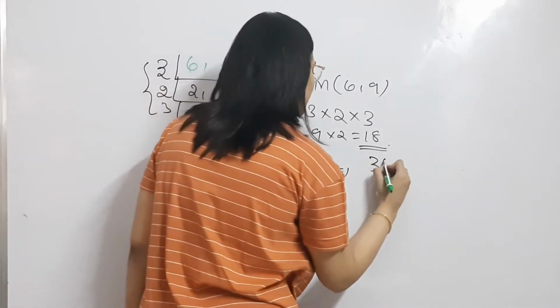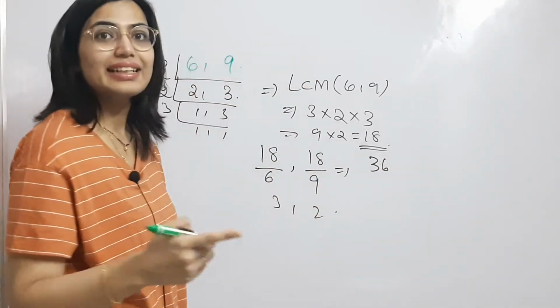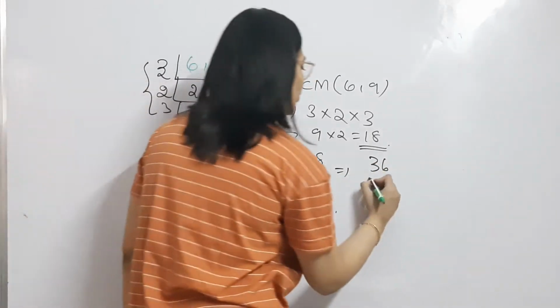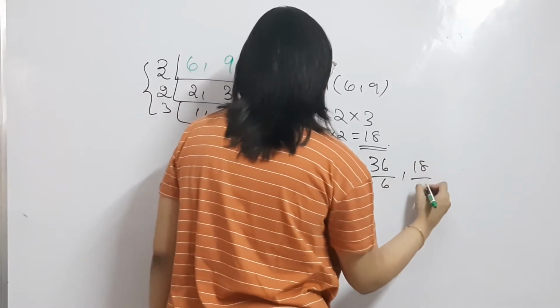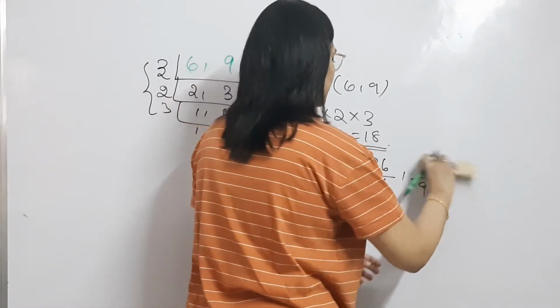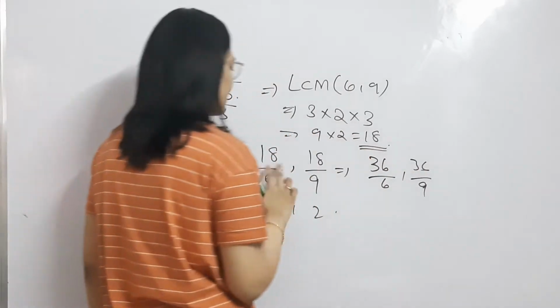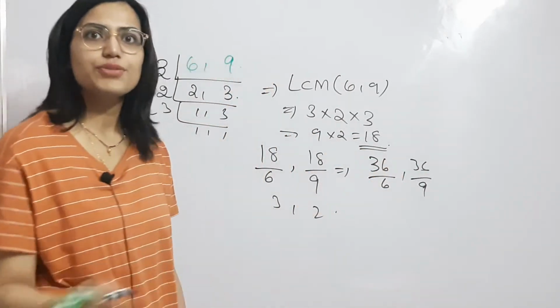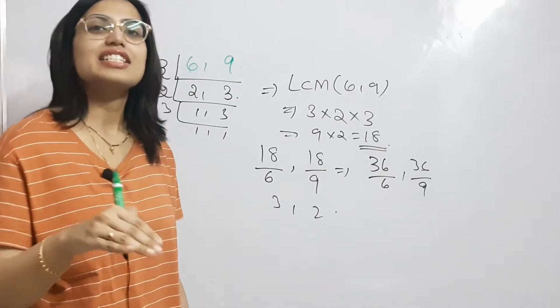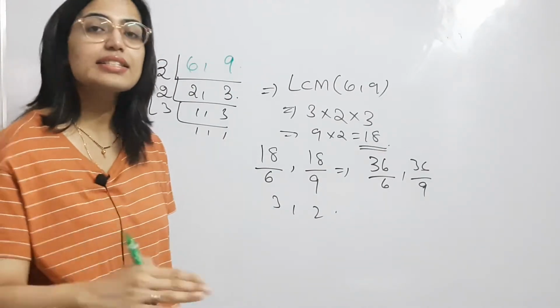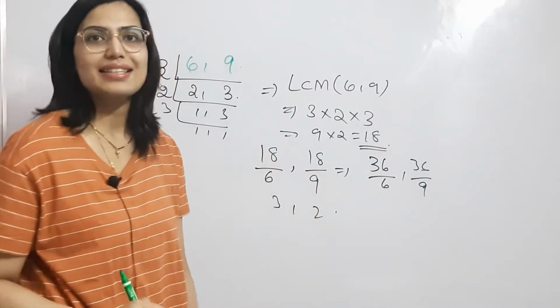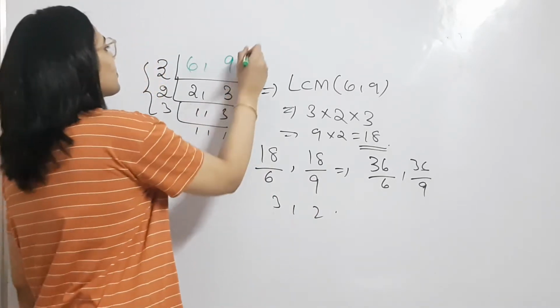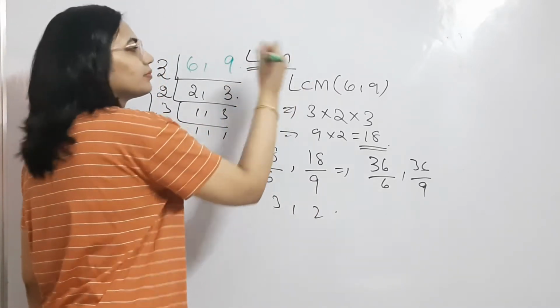If you want the next multiple that is divisible by 6 and 9, it would be 36, because 18 is divisible by both and any multiple of 18 is also divisible by both. In this case, we are considering the least multiple, that is the least number that is divisible by both 6 and 9. That is the concept of LCM.